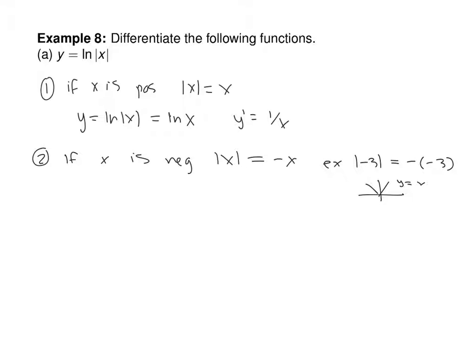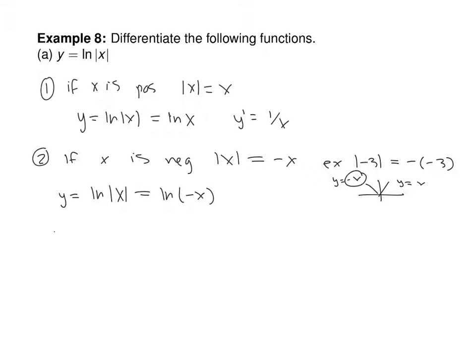This side of it is y equals negative x. So when you're on the negative side, you're that part. And because that x has a built-in negativity, taking the negative in front of it's going to make it positive. You just don't know what that number is. You don't know if it's negative 3 or negative 5 or negative 10, just that it's something that's negative. So in that case, you can say ln absolute value is the same thing as ln of negative x. And because x has a built-in negative bit, negative in front of it makes it positive, so that's okay.